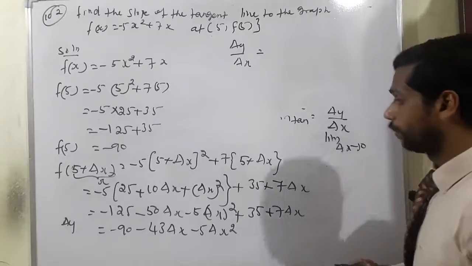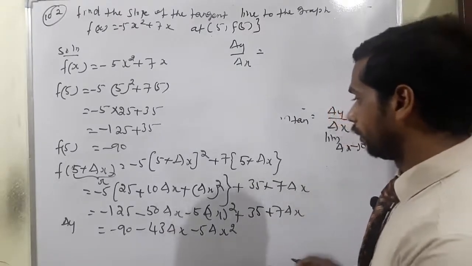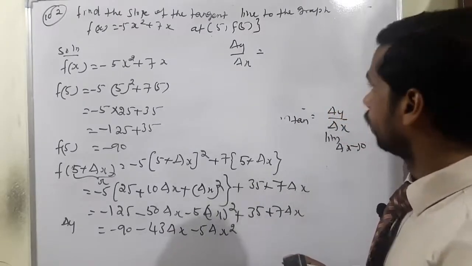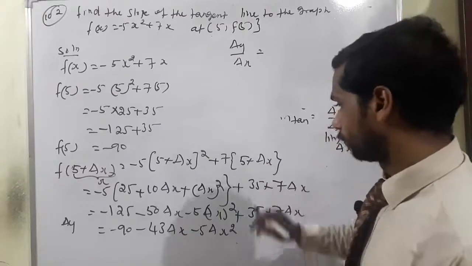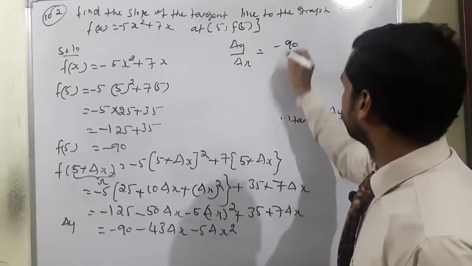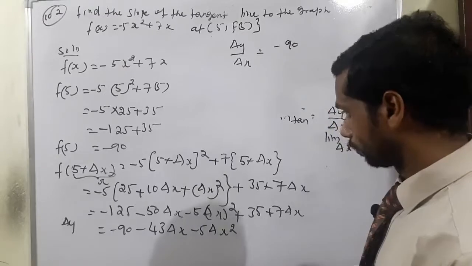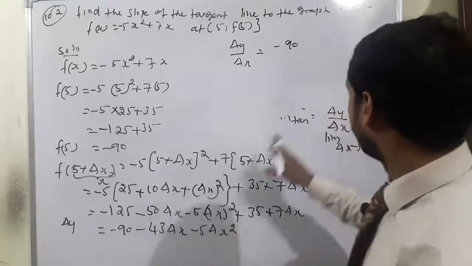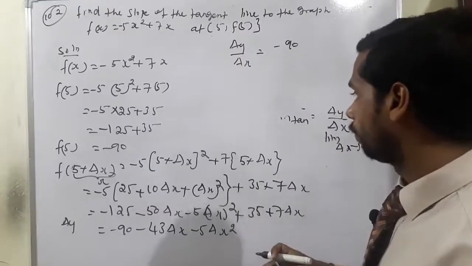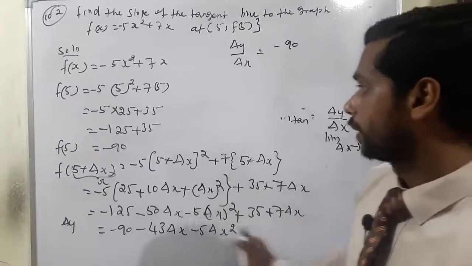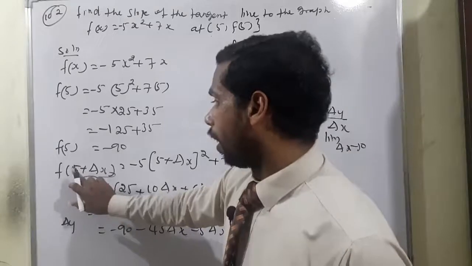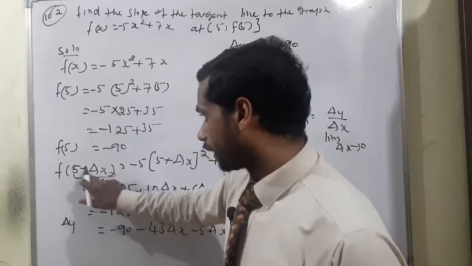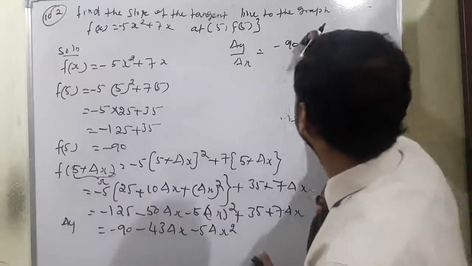Actually before del y by del x, the condition also. Okay, minus 90, so minus 90 already is clear, isn't it? Sorry dear, del y, the difference of the term it will come, no? Minus 90 also, because this is called only f of 5 plus del x, then differentiation of the term, that is called del y.